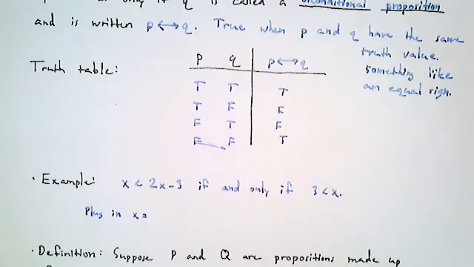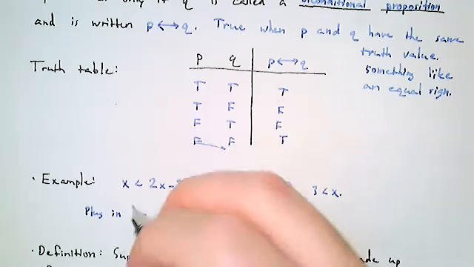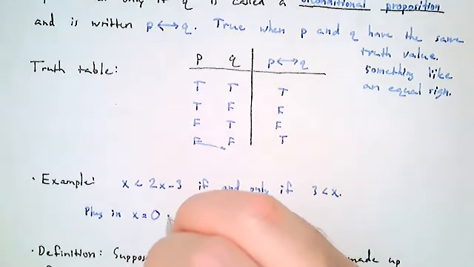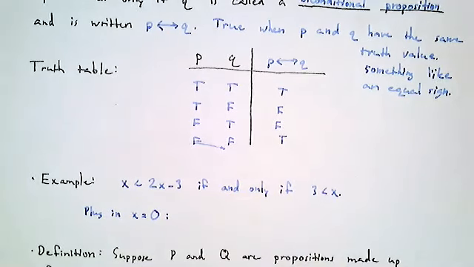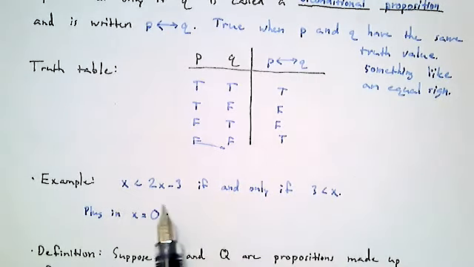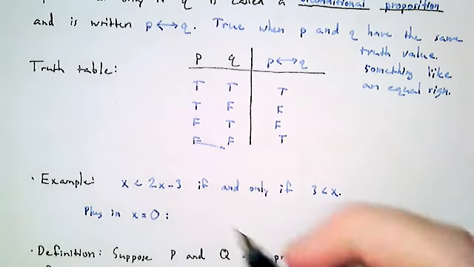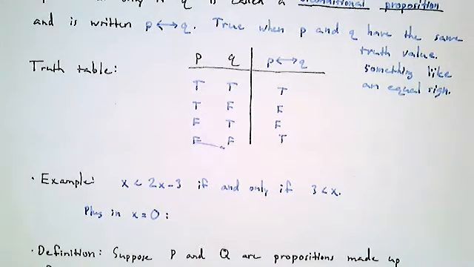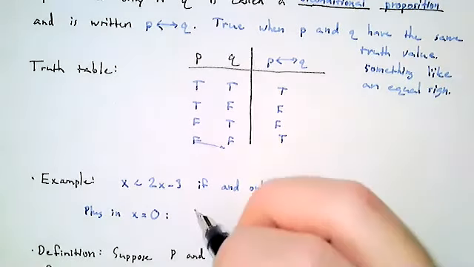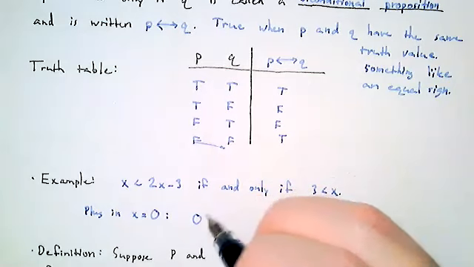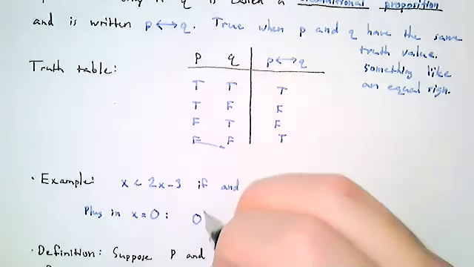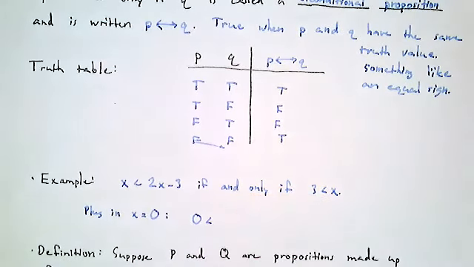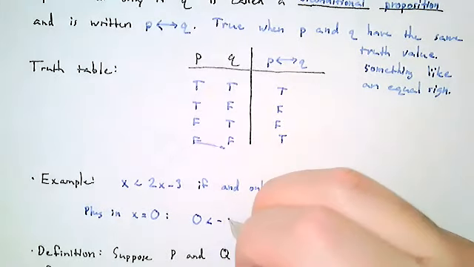So maybe I'll plug in 0. 0 is a convenient number. What would you get on the left if you plug in 0? 0 is less than 0 minus 3, which is not true. Right. So you get 0 is less than minus 3. We know that's false. Good.